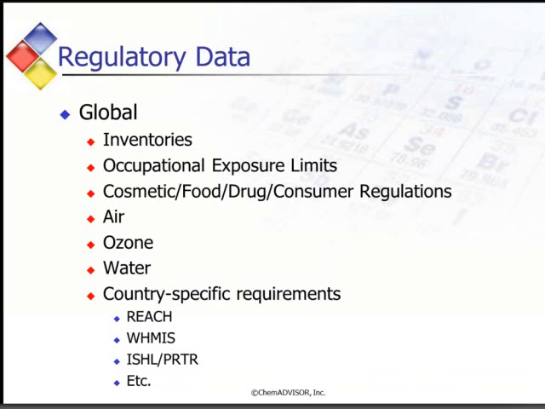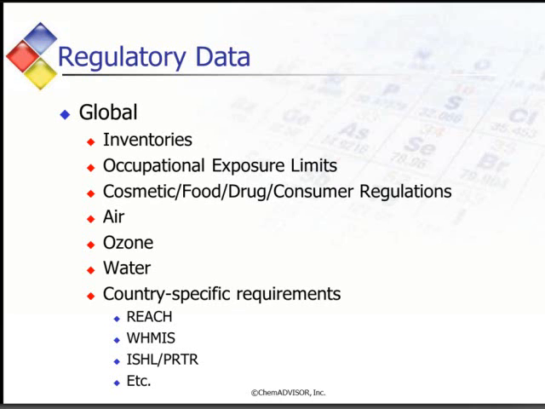Regulatory data from a global perspective, LOLI contains these lists that, again, would support global compliance through inventory, international occupational exposure limits, cosmetic, consumer regulations, as well as regulations on air, ozone, water, and country-specific requirements such as REACH, WMIS, or for Japan, the ISHL or PRTR laws.